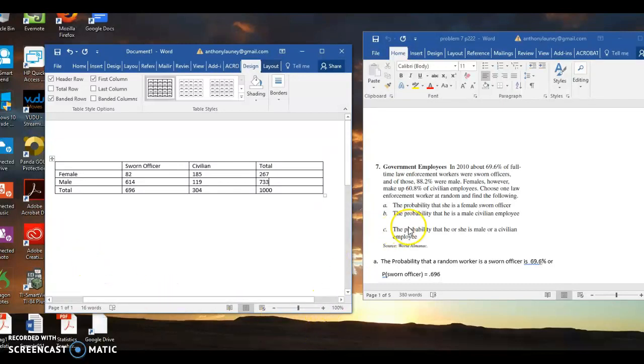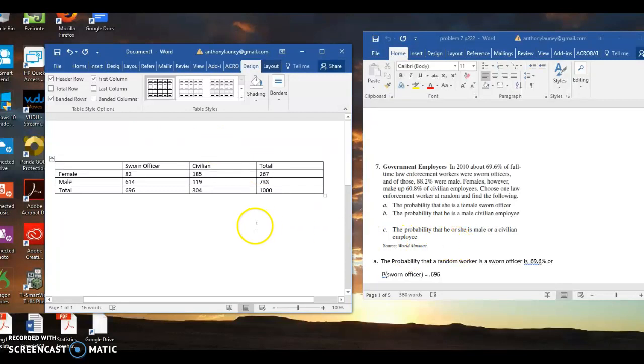Now I want to know the probability that she is a female sworn officer. Well, a female sworn officer is going to be 82 out of 1,000, because I just go to the female sworn officers, and that comes out to 0.082.